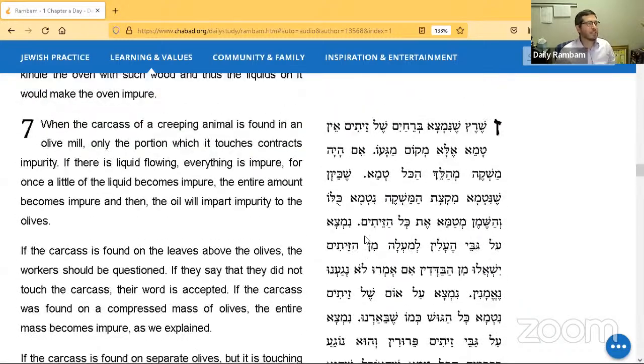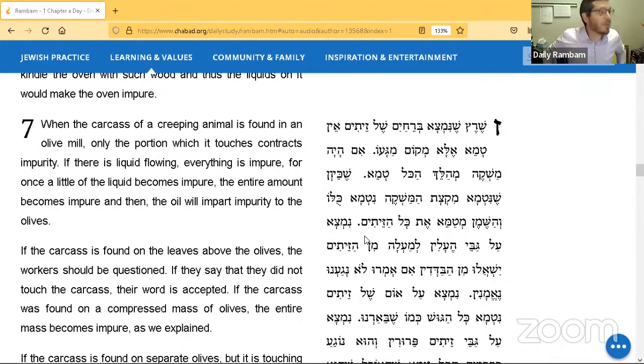Okay, halacha 7. When the carcass of a creeping animal is found in an olive mill, and there's some crushed olives around, basically it's touching a crushed olive or an area of crushed olives. He says, only the portion which it touches contracts impurity, because each little piece doesn't transfer beyond itself.